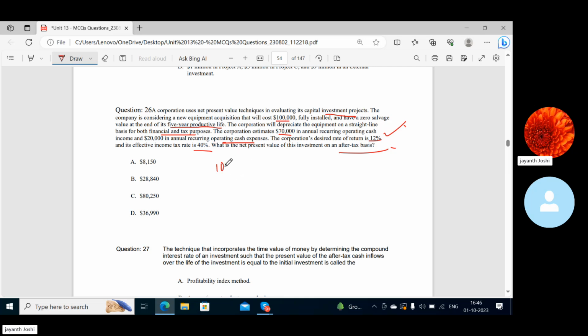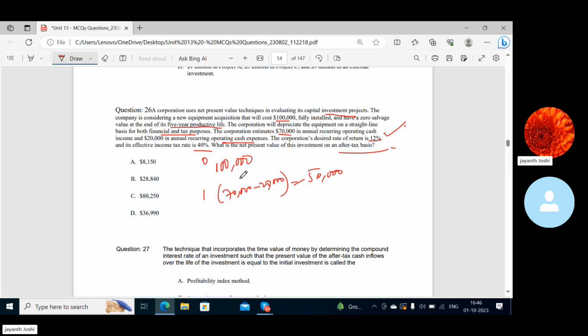See, the investment is $100,000, right? That's at the zeroth period. What is happening here? First year 70,000 minus 20,000, it's 50,000, right? The same thing is happening every year, correct? This is like recurring operating cash expenses.